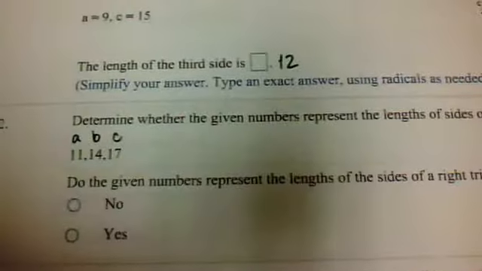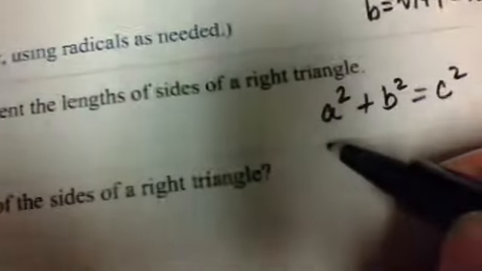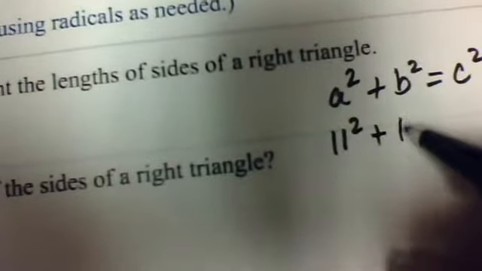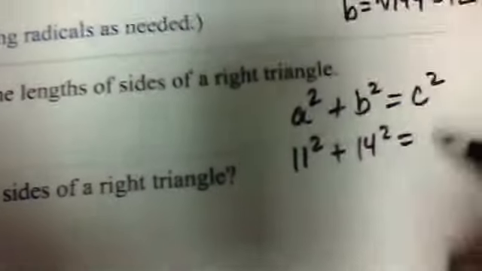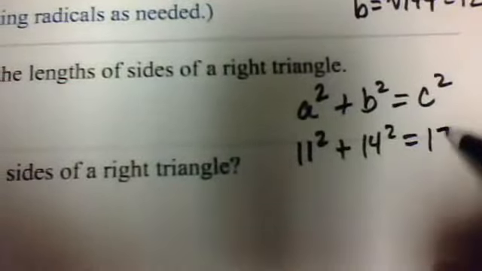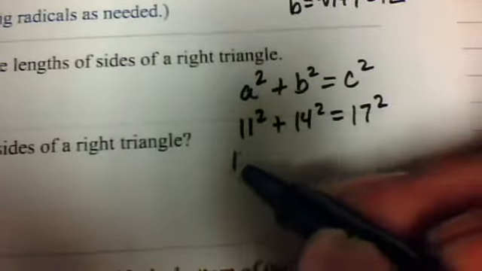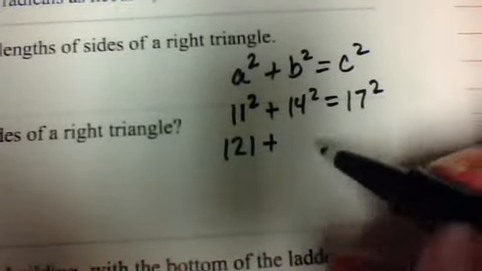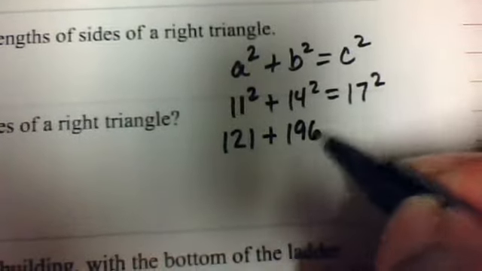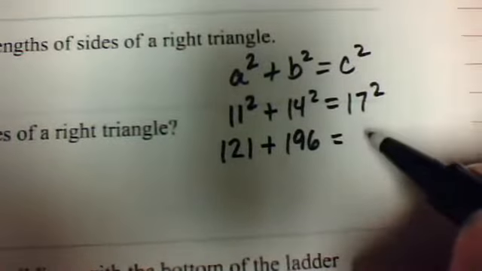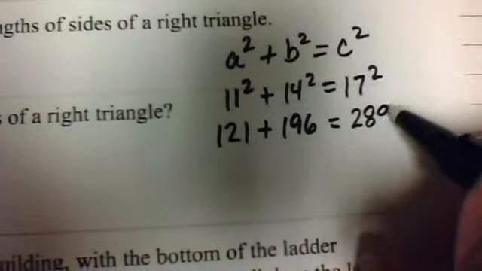Now I'm letting A be 11 and B be 14, so it'll be 11 squared plus 14 squared. That must be equal to the length of that third side, which is 17, or the longest side. Okay, so 11 squared is 121, plus 14 squared, that's 196, and it must equal 17 squared, or 289.